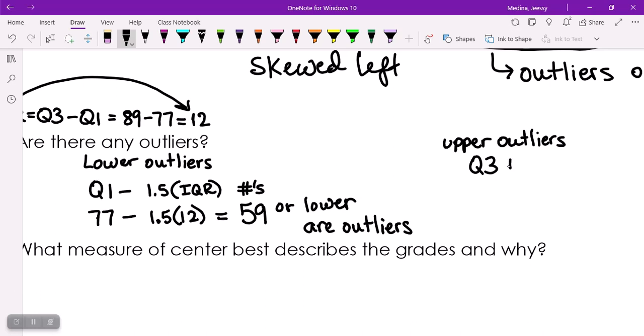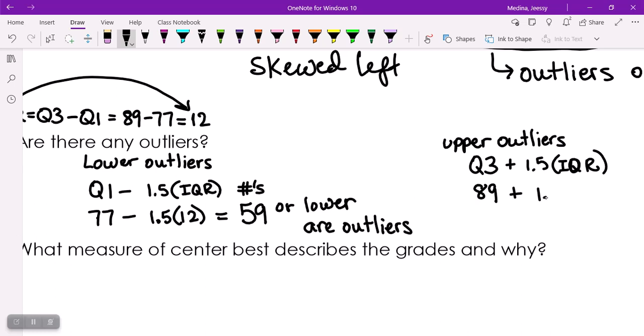And it's going to be plus, because these are the numbers that are going to be so much bigger that they're out of range towards the right, okay? Plus 1.5 times the IQR. From the calculations that we did before, Q3 is 89. Do we agree?